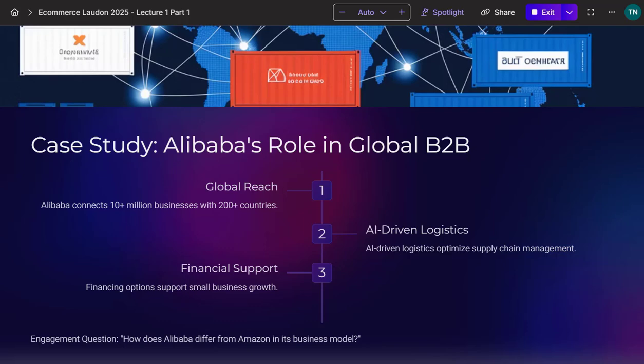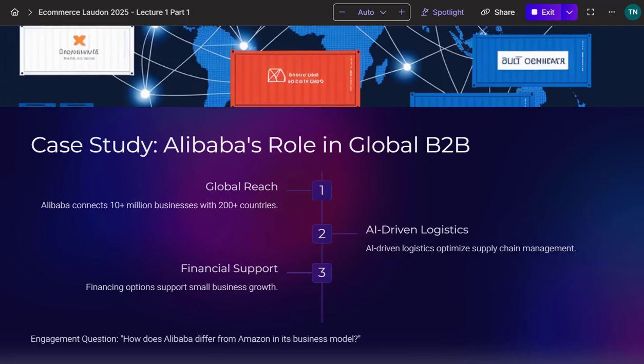Alibaba leverages AI and data analytics to optimize its logistics and supply chain management, improving efficiencies. The platform also provides a financing option to support the growth of small businesses. This is a key differentiator from Amazon's model.